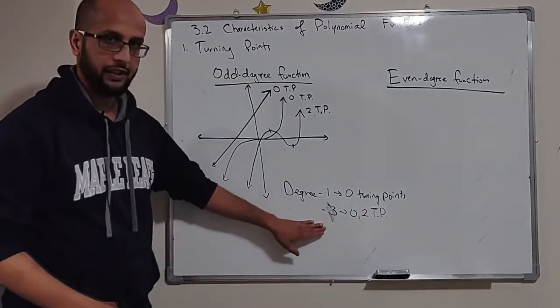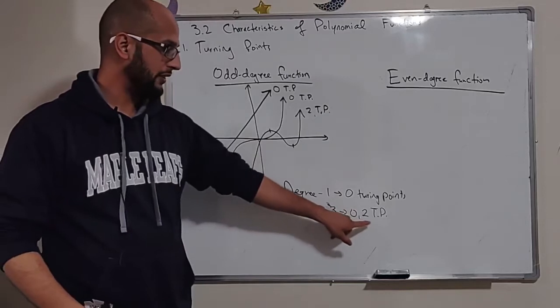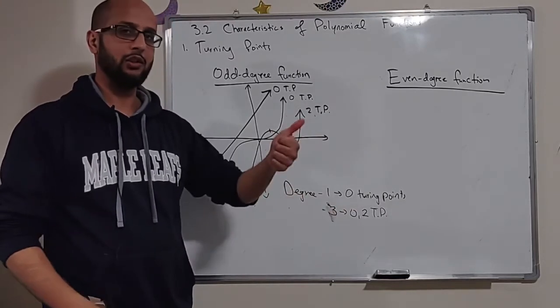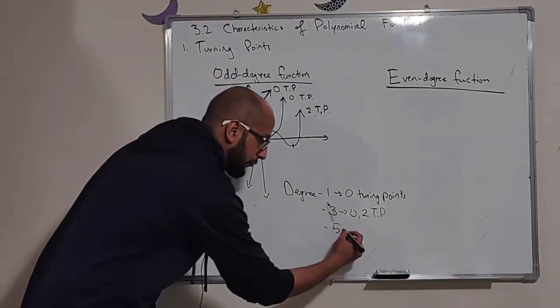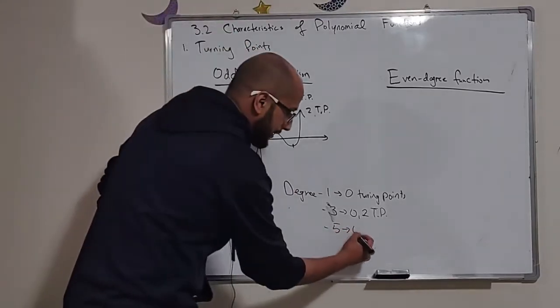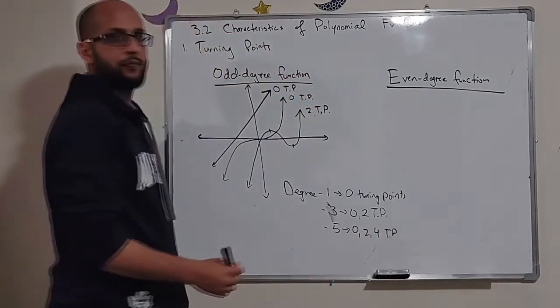What we should then recognize is that for odd degree functions, we can only have an even number of turning points. You can have 0 or 2. If it was to the power of 5, right, you could have 0, 2, or 4 turning points.